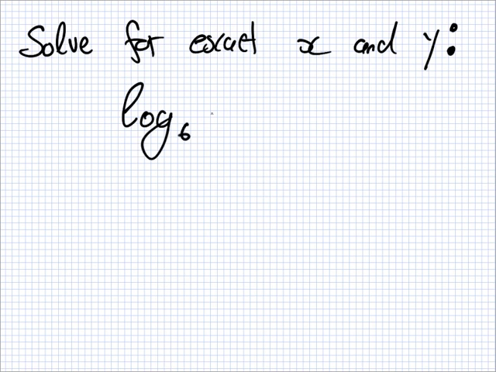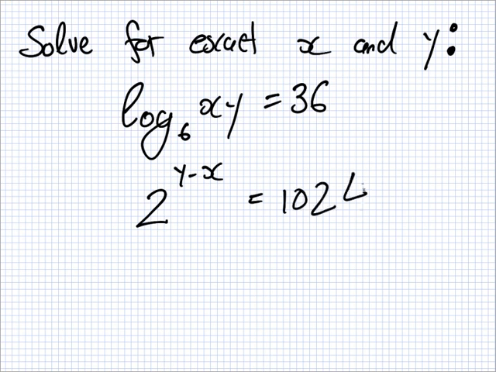Log base 6 of xy equals 36 and 2 to the power y minus x equals 1024. So it's a simultaneous problem that involves both logs and powers.